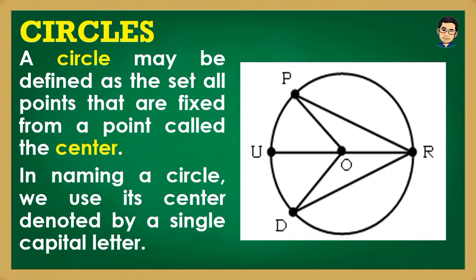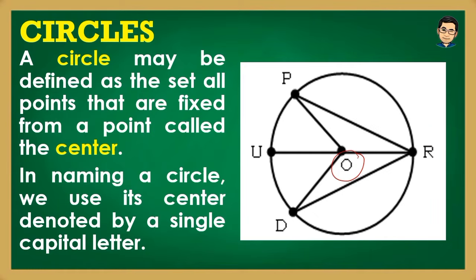Yung center na sinasabi ko, syempre center yung pinaka gitna. Yung center na sinasabi ko is ito, yung O. Yung point O na yan. In naming a circle, we use its center denoted by a single capital letter. So, yung center po ng circle na yan ang ginagamit para pangalanan yung isang circle.